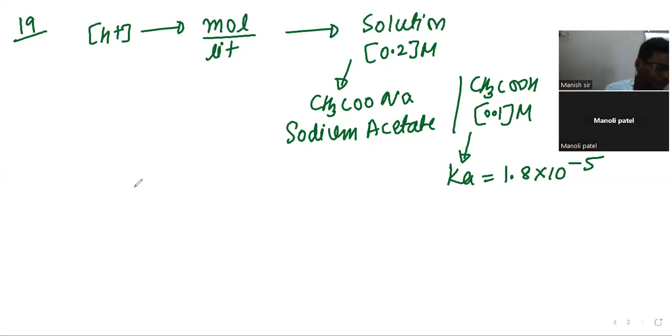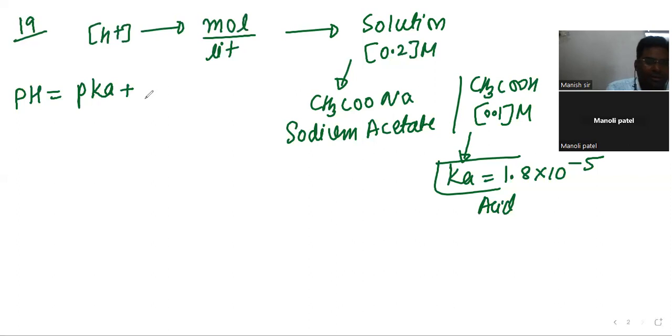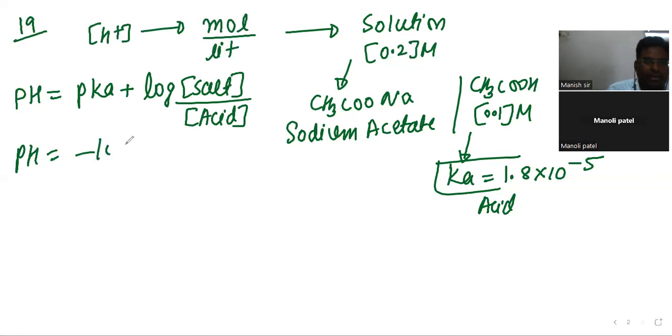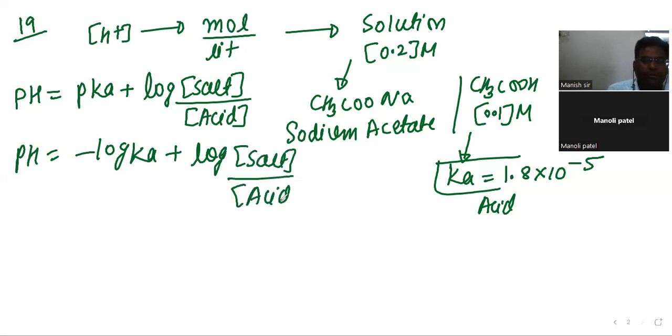See, because it is an acidic buffer, you can see this is your acid. The pH of an acidic buffer solution can be calculated using the formula pH equals pKa plus log of salt by acid. pH is equal to minus log Ka plus log of concentration of salt by concentration of acid.